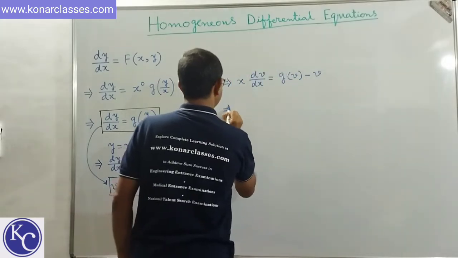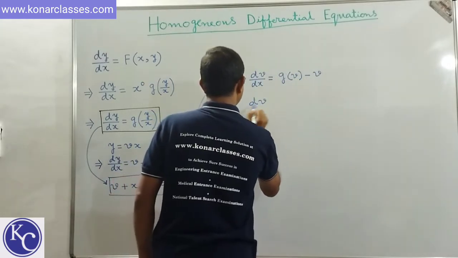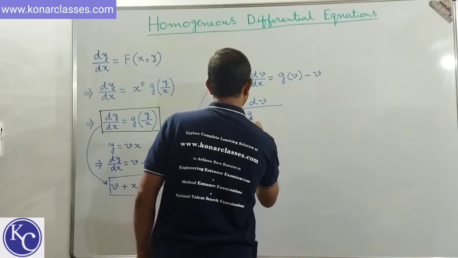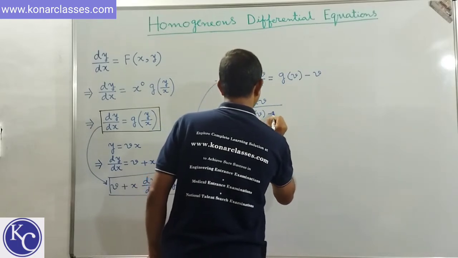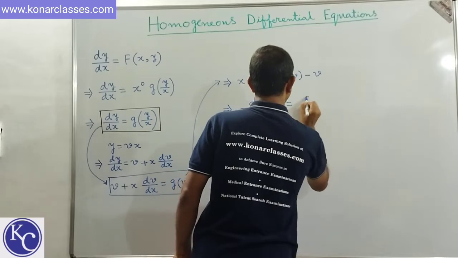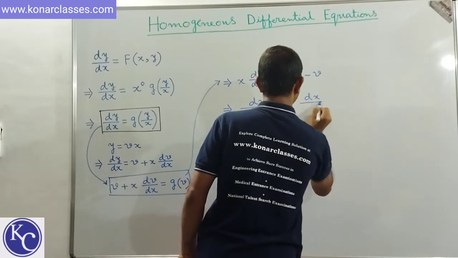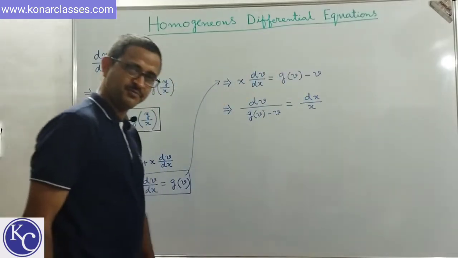This implies dv divided by g(v) minus v is equal to dx by x, correct?